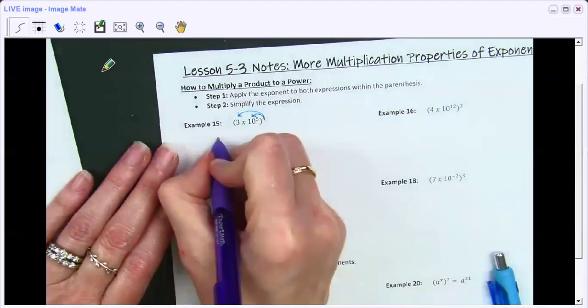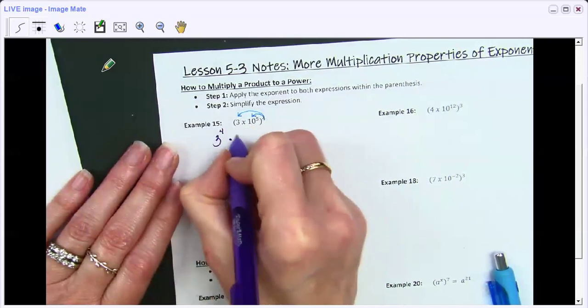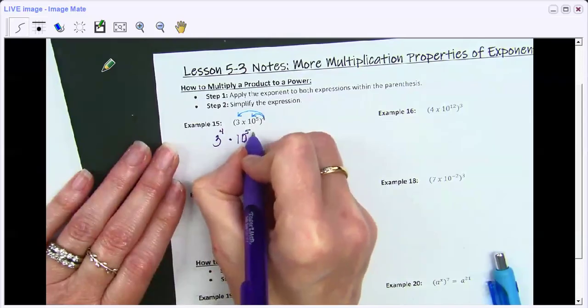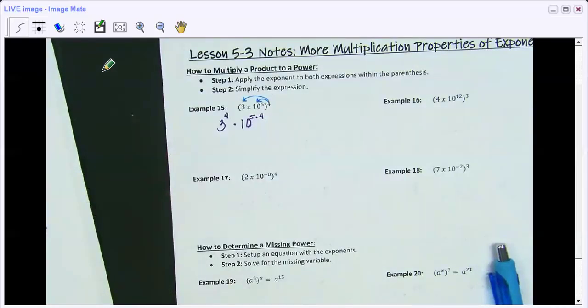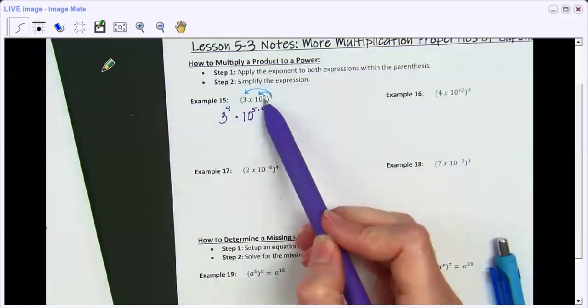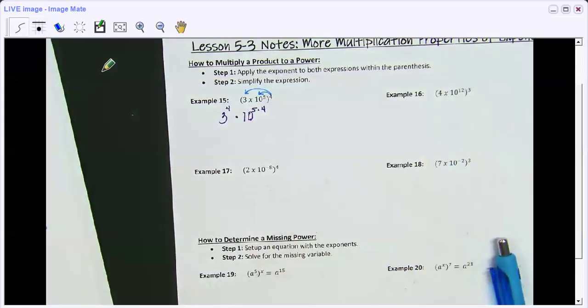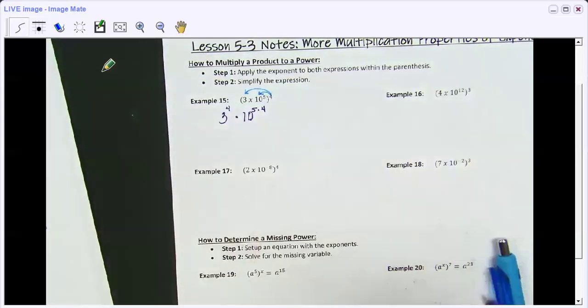So you have 3 raised to the power of 4 times 10 to the fifth raised to the power of 4. Remember, when you have a power raised to a power, you're going to multiply them. So we're adding a rule in this lesson. Don't forget that.